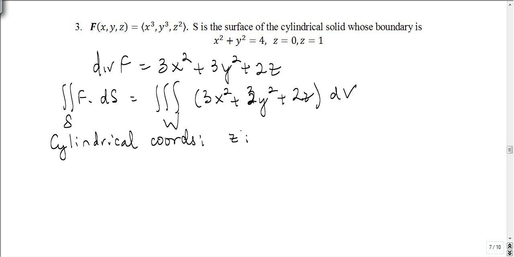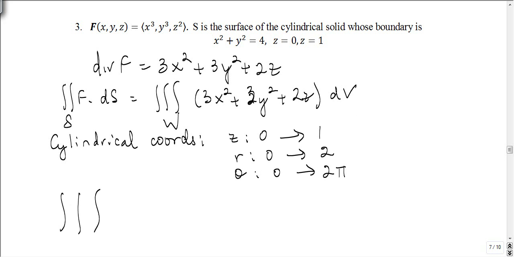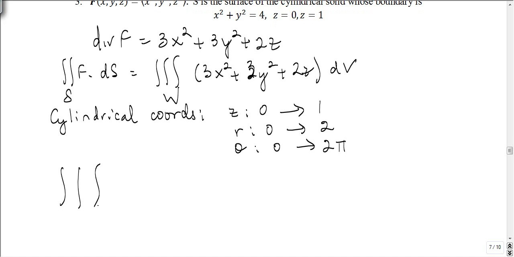What are our z limits? 0 to 1. What are our r limits? 0 to 2, beautiful. And theta? 0 to 2 pi. Okay, let's convert. Let's do the integrand first, and then we're putting our limits. What is the 3x squared plus 3y squared?